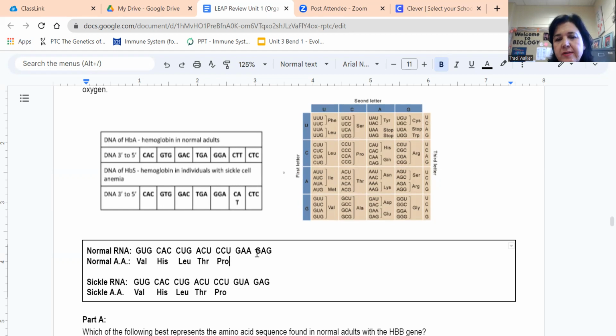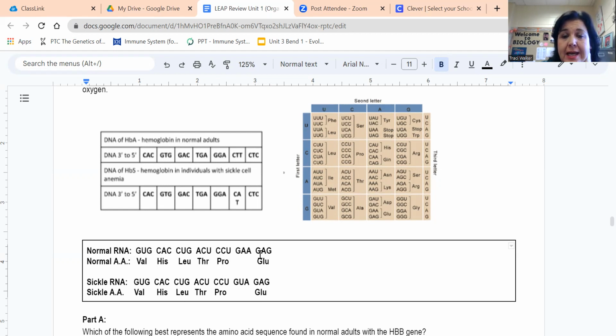Okay, and then I'm going to go ahead and skip over here and do GAG because it is the same in both. So G, and my second letter is A. So GAG is glutamine. So GLU here, and then also GLU here. Okay, so this is where they're different. So let me go ahead and figure out what the normal amino acid would be.